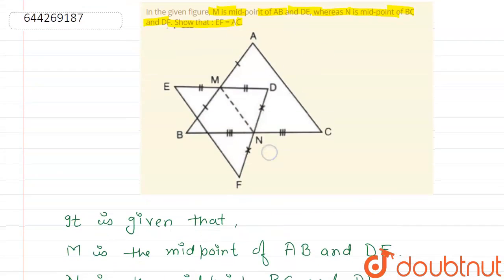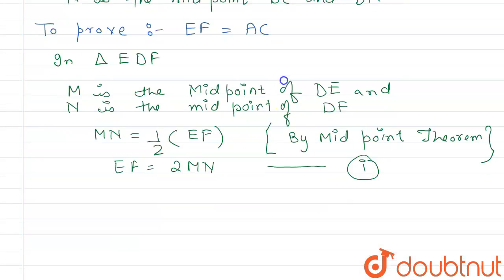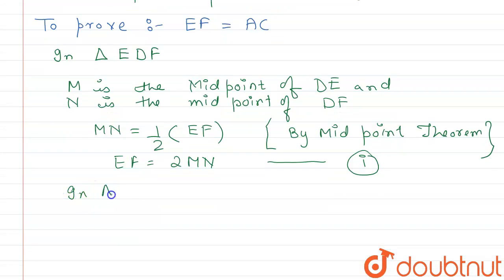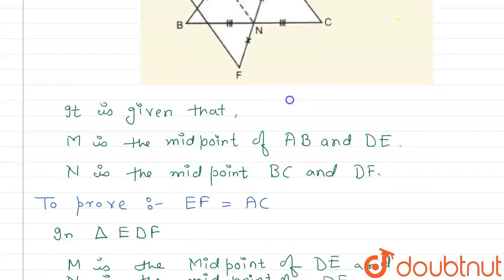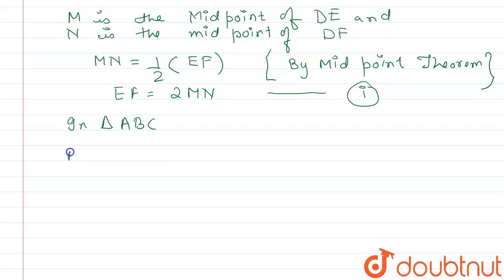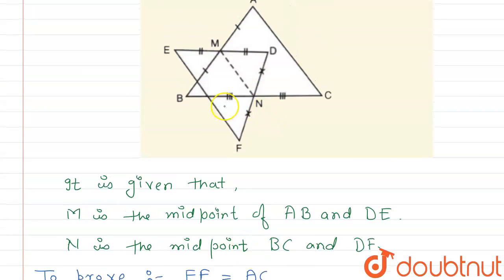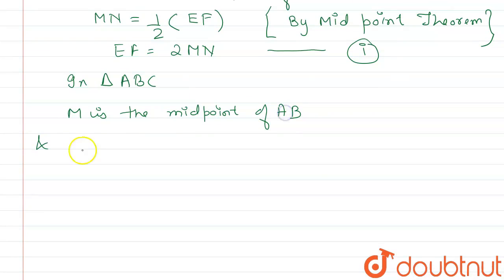Now here in triangle ABC, M is the midpoint of AB and N is the midpoint of BC.